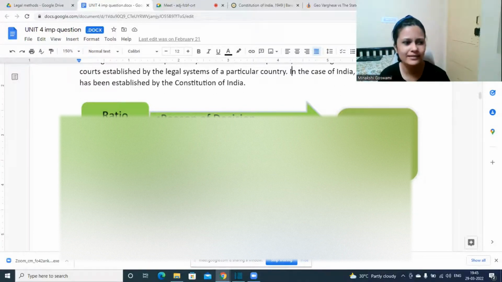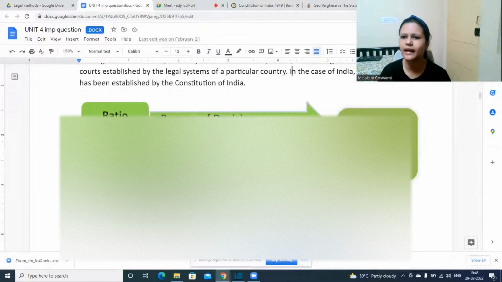Like in deciding a case relating to child labor, the court may make a general observation that because free and compulsory primary education is not working that well in India, child labor still exists. These are nothing but general observations.